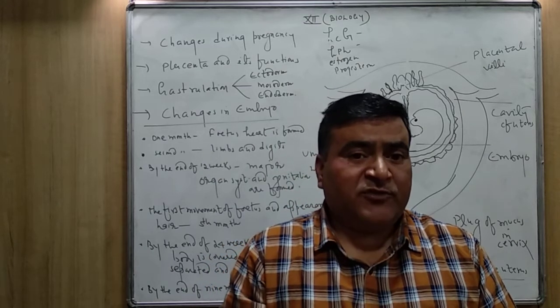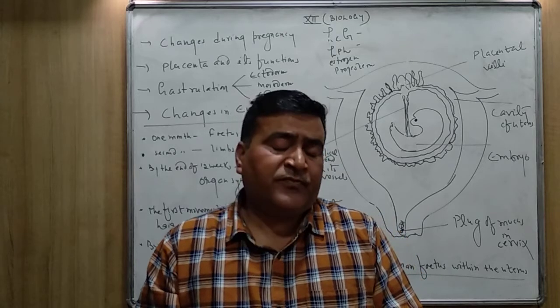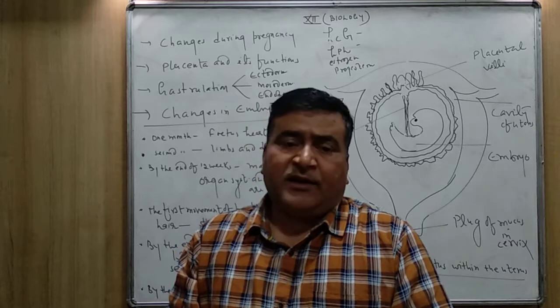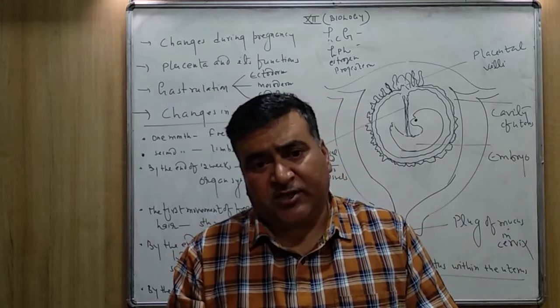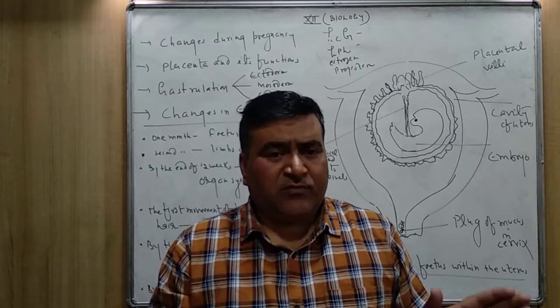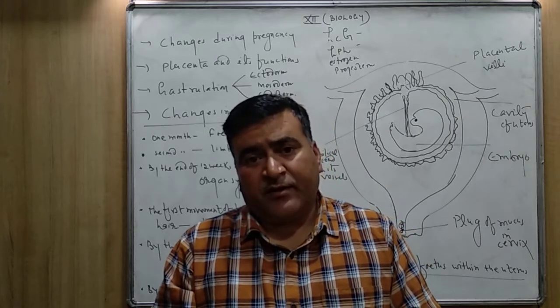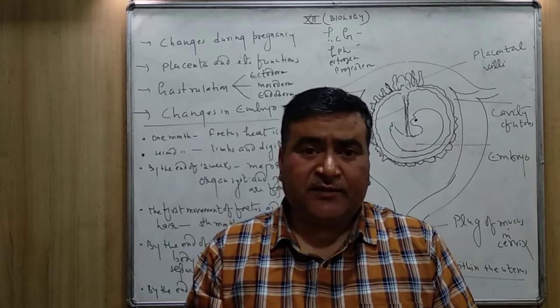Apart from these hormones, placenta also produces some other hormones like thyroxine, cortisol, prolactin. All these hormones are useful for the proper growth of the fetus inside the mother's uterus.